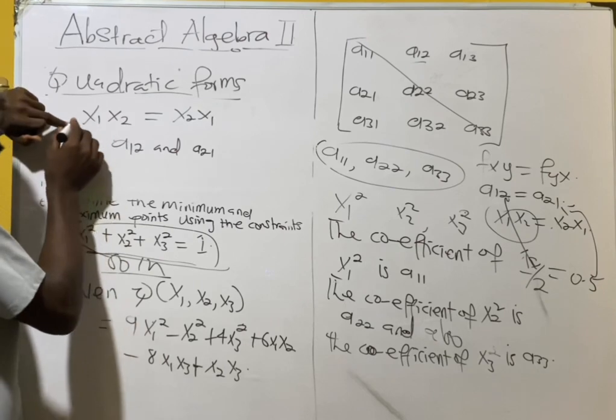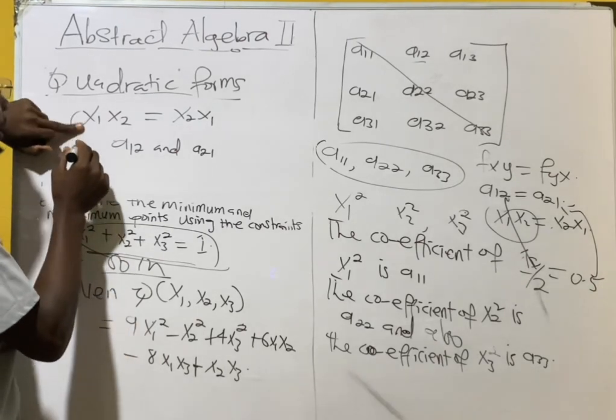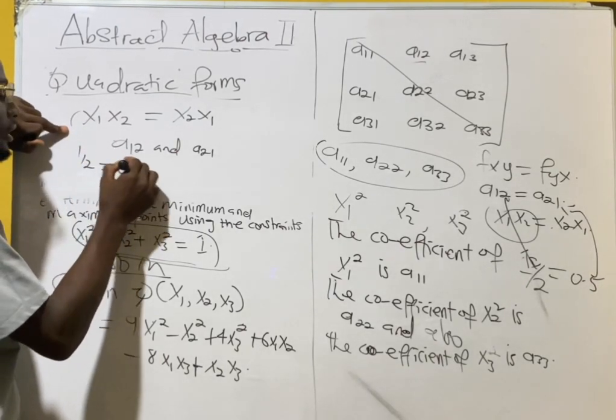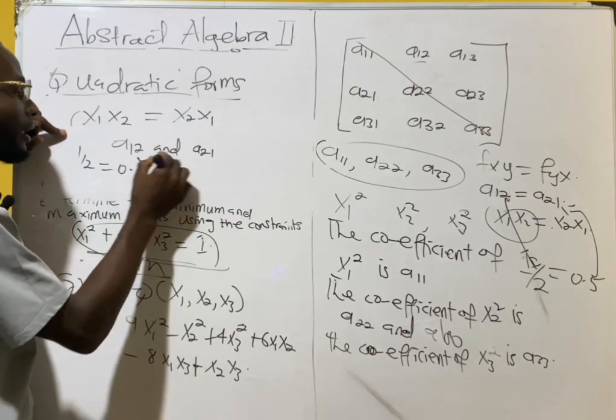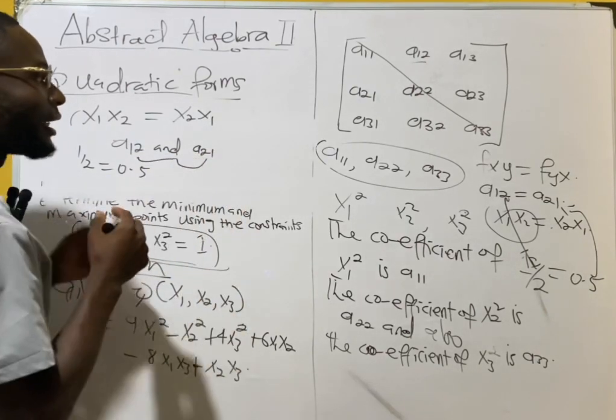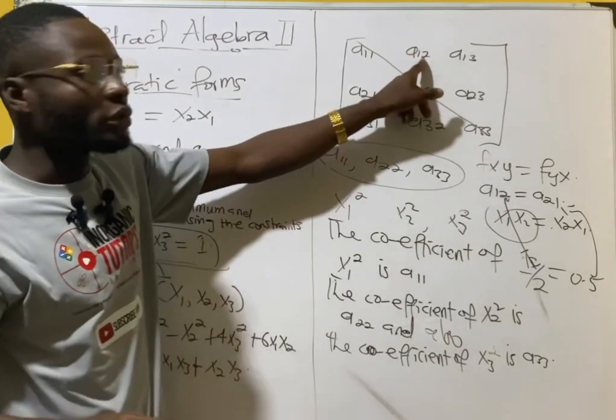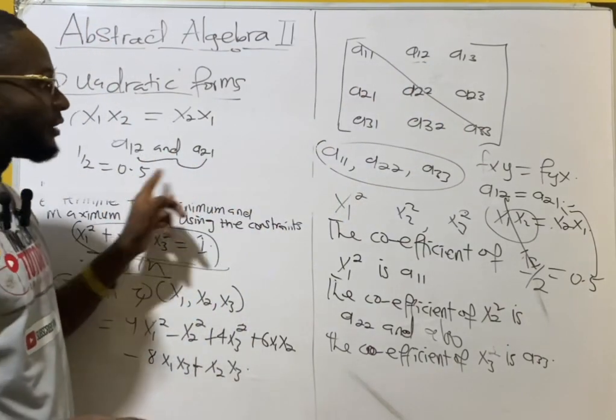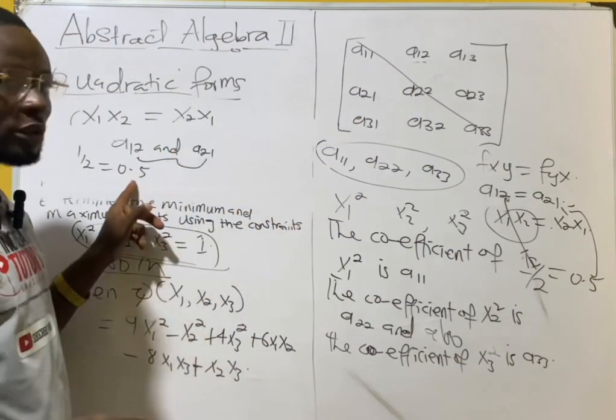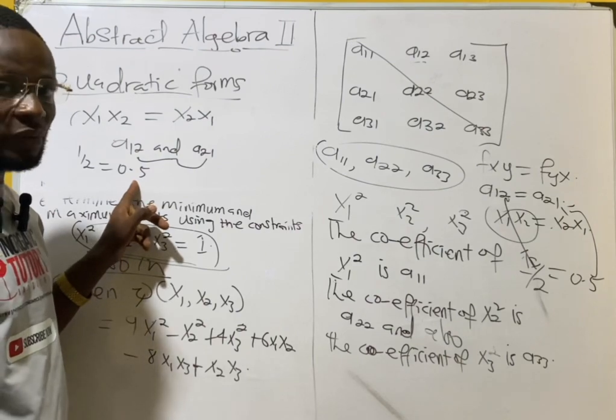So if, for instance, the coefficient over here is 1, you divide it by 2 and you have 0.5. So you share it for this and this, meaning that A12 is 0.5 and A21 is also 0.5. That is how we do it.